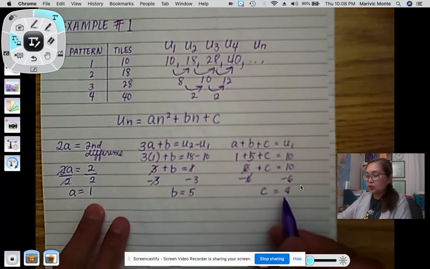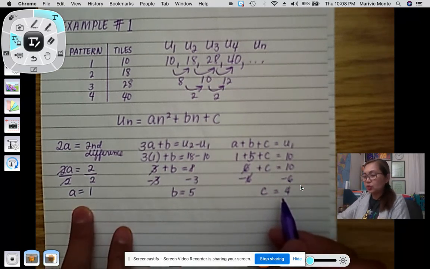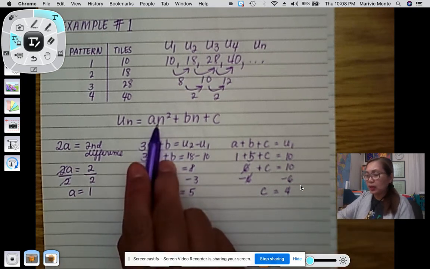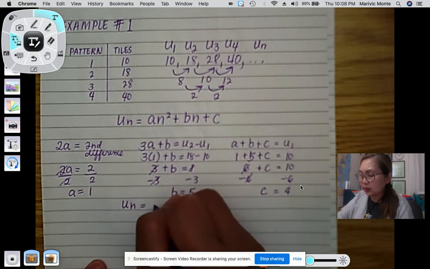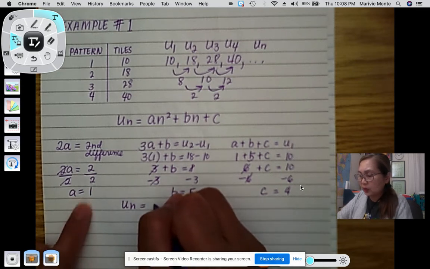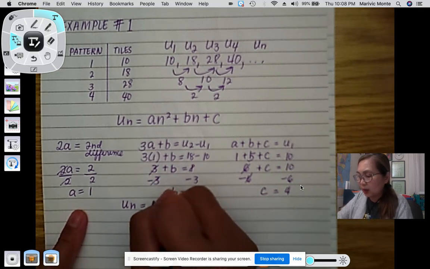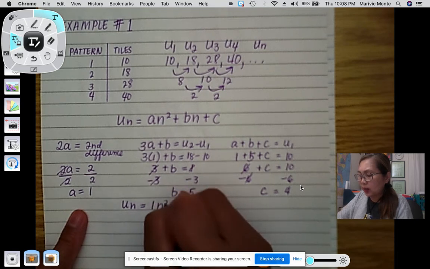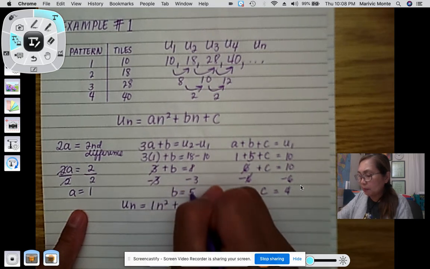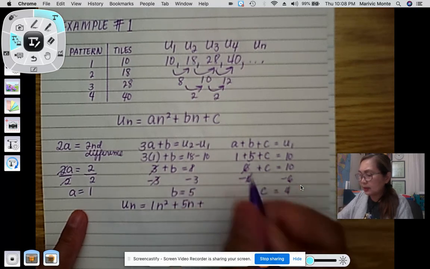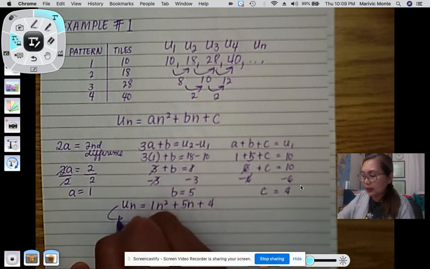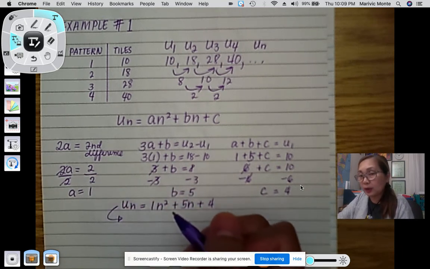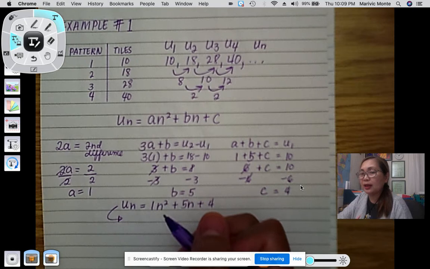Now we substitute all the values of a, b, and c into this formula, so we have u of n equals a, and a is equal to 1, so we have 1 n squared plus b is 5n plus c is 4. And at this point, we're going to write it in the standard form that you're more familiar with, the standard form of the quadratic equation.